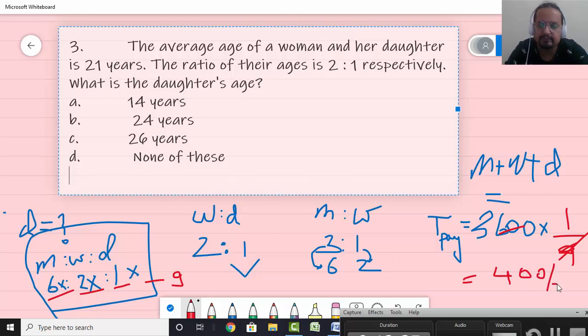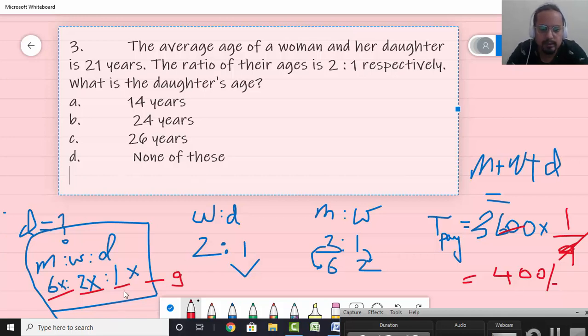So I'm repeating once again. Here what we said is that the work ratio of women and daughter is 2 is to 1. Man and women is 3 is to 1. They work together for the same time to complete the work and together they get paid rupees 3600. What will be the share of payment made to the daughter? So I combined the ratios of men, women and daughter, starting with the slowest one.